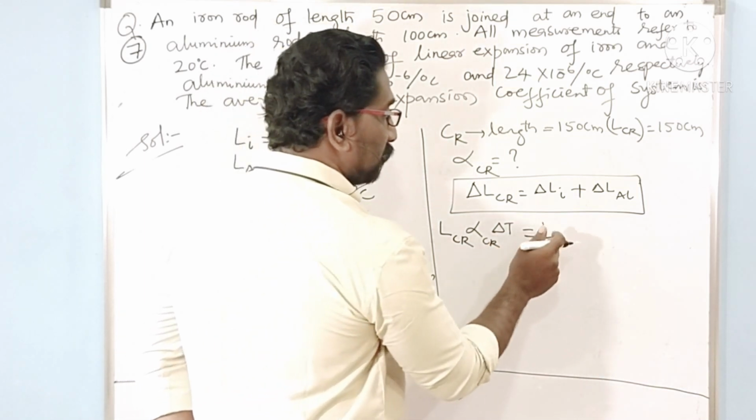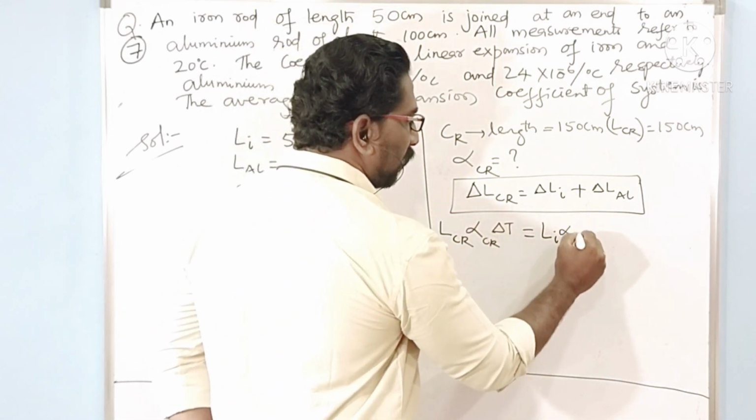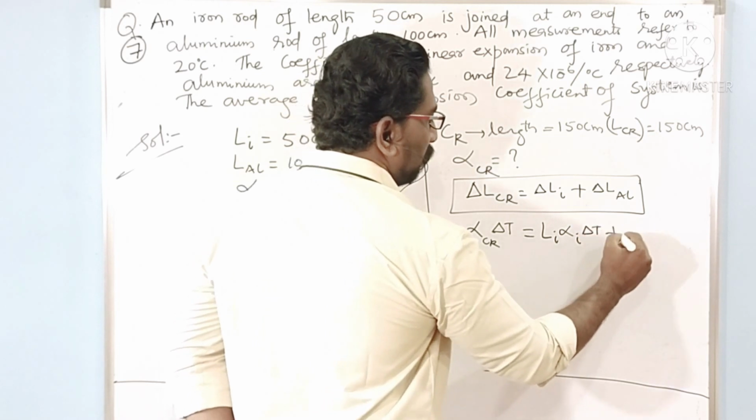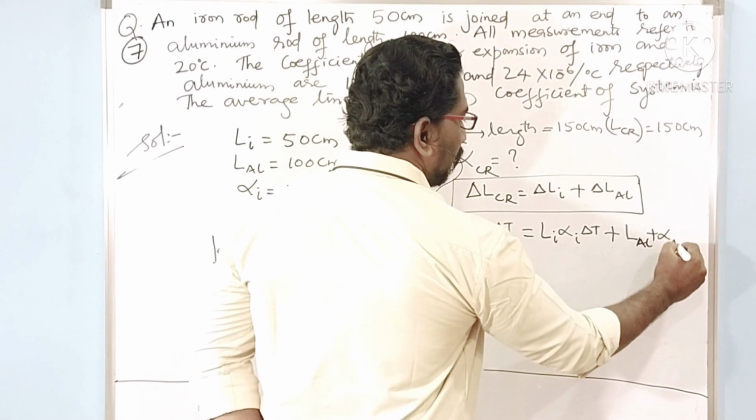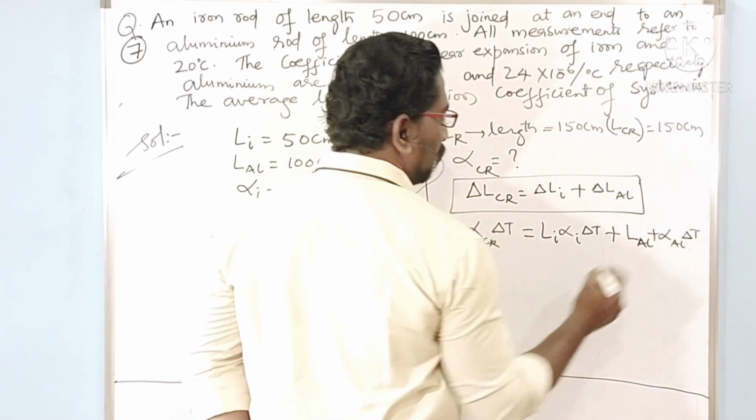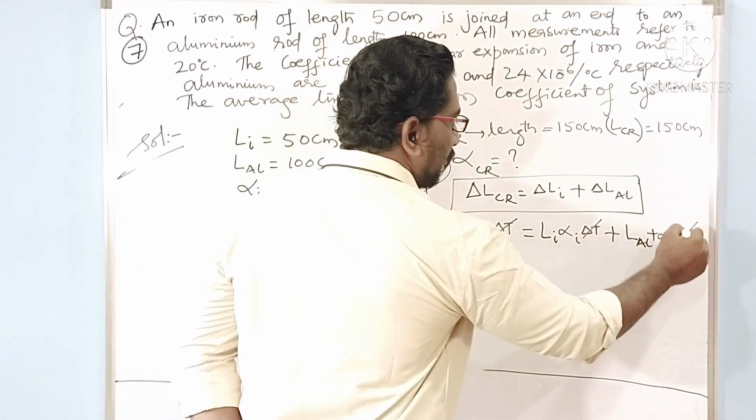That is, length of iron times alpha of iron times delta T, plus length of aluminum times alpha of aluminum times delta T. You can see that delta T will get cancelled.